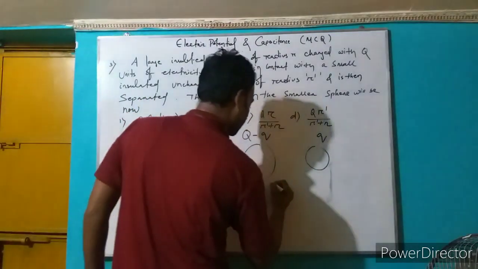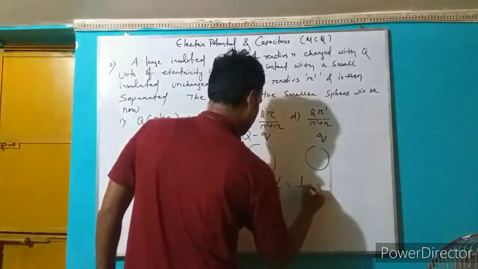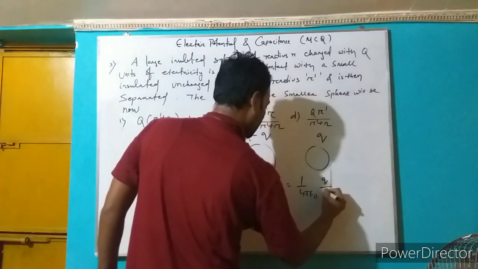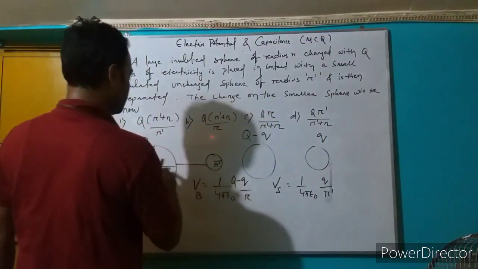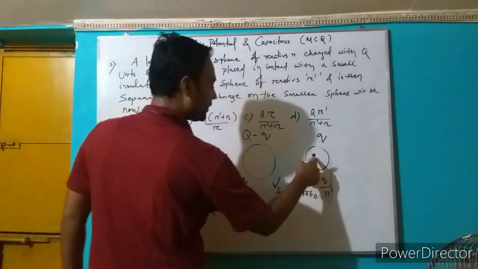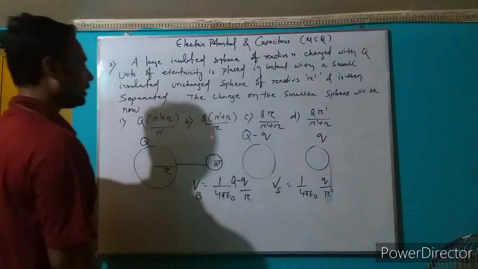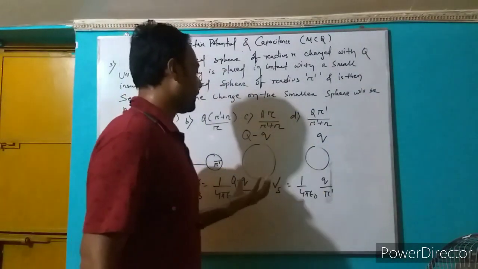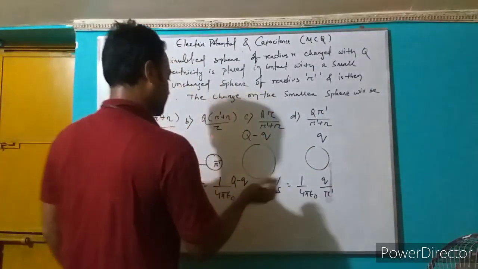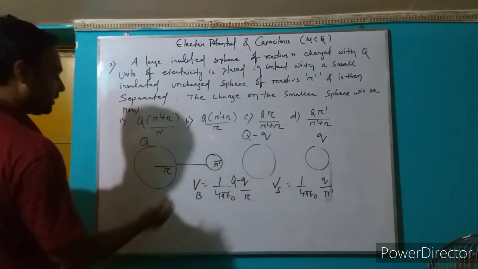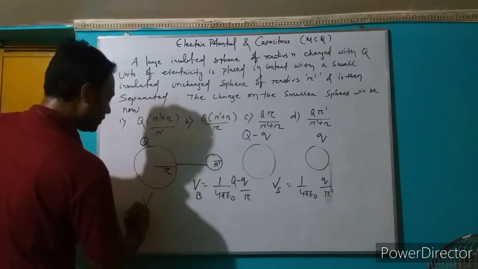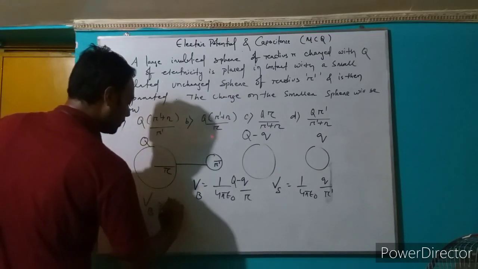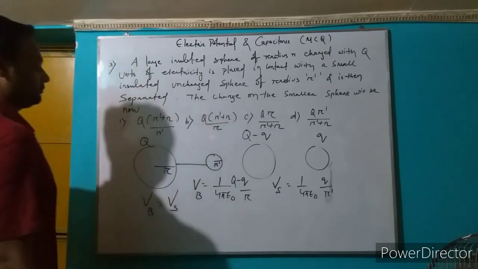For the smaller sphere, it can be represented as 1 by 4 pi epsilon naught times q by r prime. Here, the radius is r, but the smaller one's radius is r prime. So, after separation, their potentials become balanced. So, the bigger sphere's potential is equal to the smaller sphere's potential.